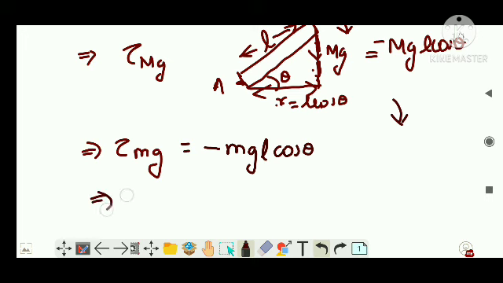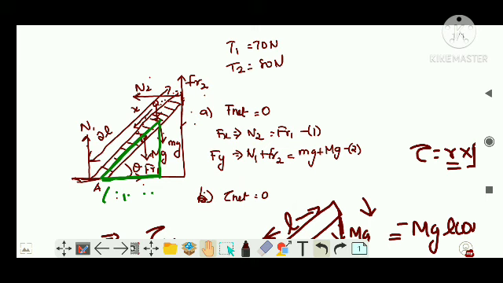Now similarly, what is the torque due to N2? This is N2, this is N1, sorry. I've written N1. So this N2, let us make this a little bit larger. With respect to point A, this becomes the perpendicular distance from the axis of rotation. This becomes N2, and these are all vectors. N2 is this one, and this is the perpendicular distance from the axis of rotation.